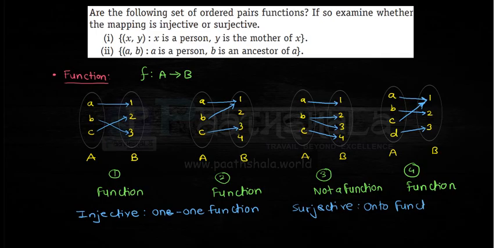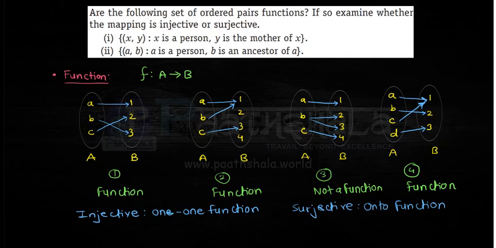What is a one-one function? What is injective? It means every domain element has a unique and distinct relation with codomain elements. Each and every domain element has a unique and distinct relation in the codomain.